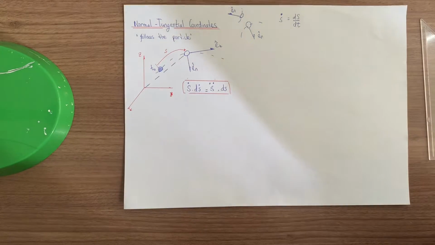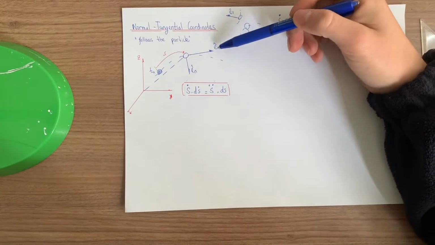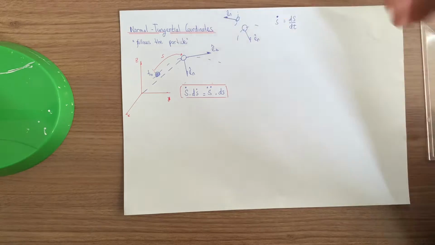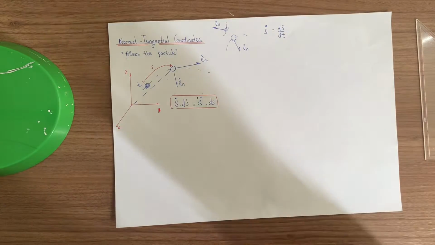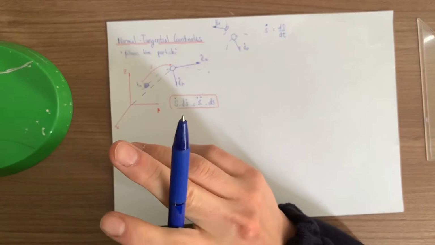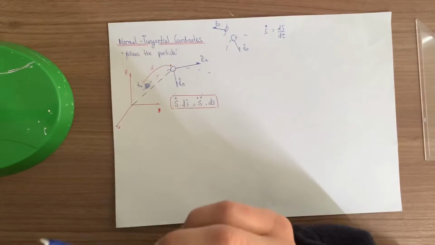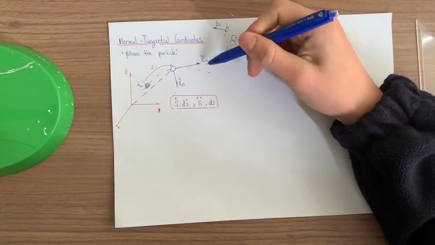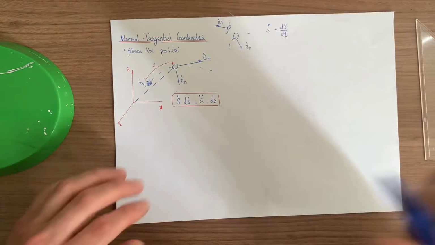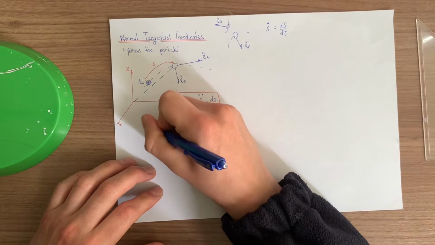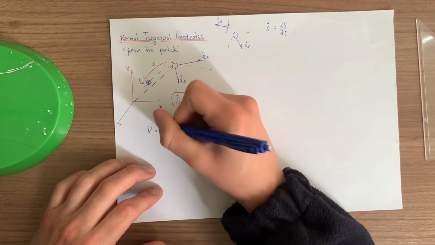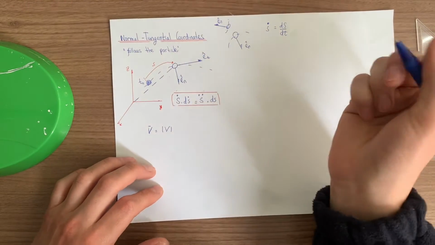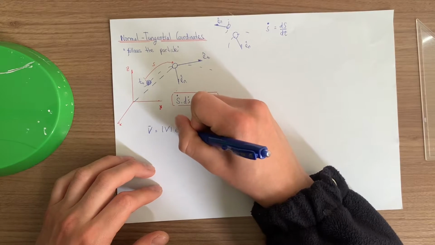Now, what can we say about these two vectors, right? First of all, the absolute value of speed is only determined by the tangential vector. So we have this. The vector of speed equals the speed, I'm talking about the absolute speed, times the tangential vector.